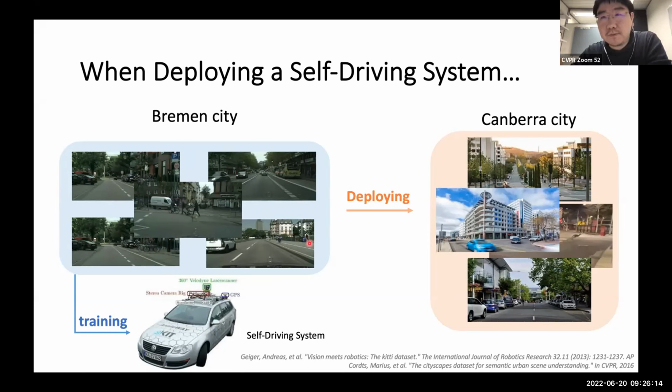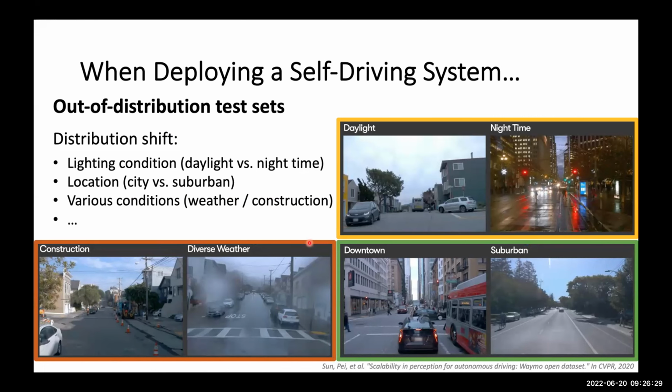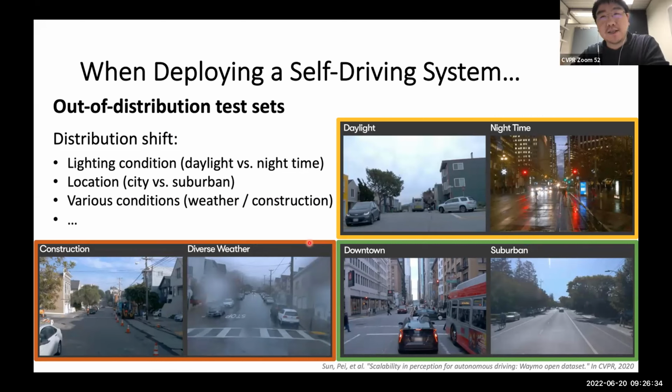So we could encounter lots of different test distributions. They are all out of distribution from our source domain. Lots of different weathers, city conditions, sorts of things. In these scenarios, our textbook way of evaluating models might have problems.